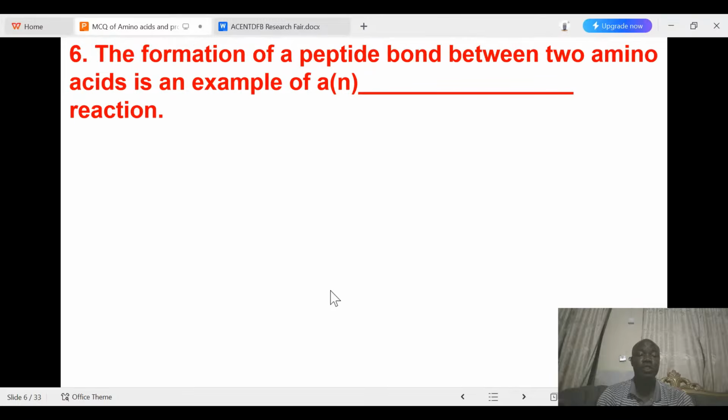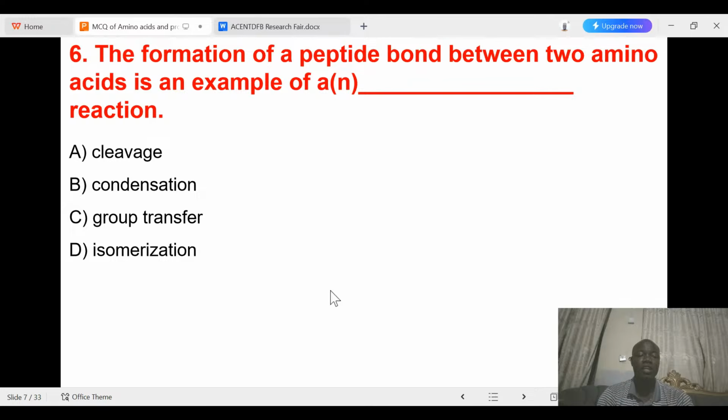So let's move to question 6. The formation of a peptide bond between two amino acids is an example of dash reaction. A, cleavage reaction. B, condensation reaction. C, group transfer. D, ionization. And E, oxidation-reduction.